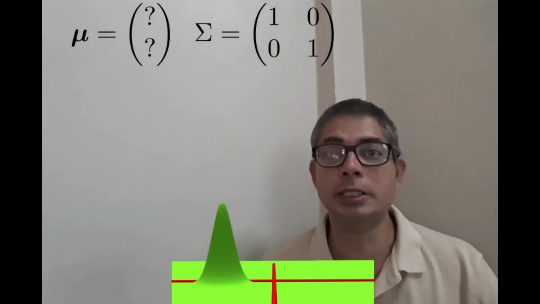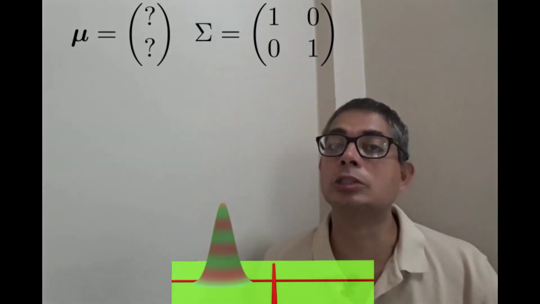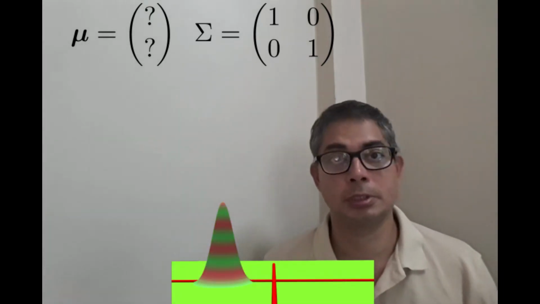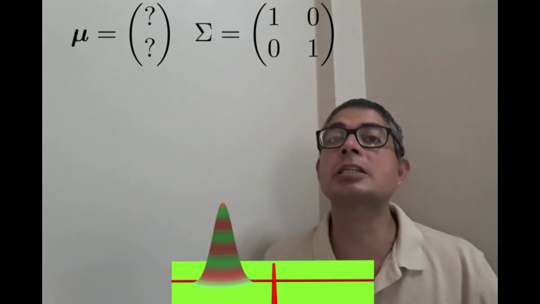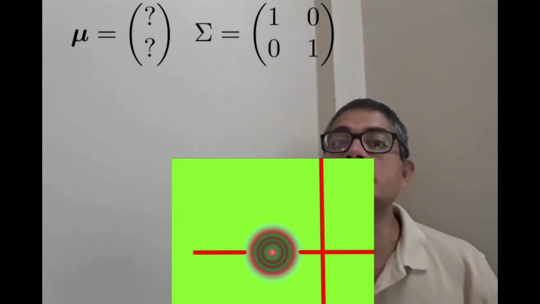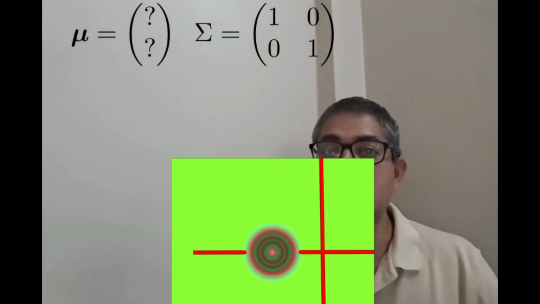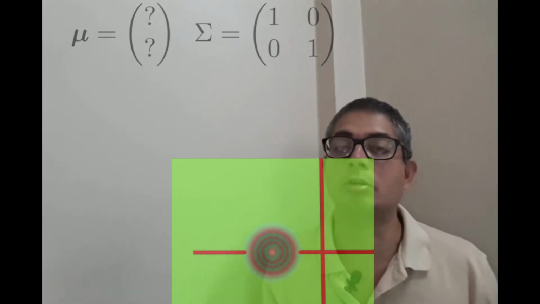To appreciate this, imagine horizontal bands drawn like rings all over the dome. If you look down from above, they look like circles centered around mu. These concentric rings are called contours.